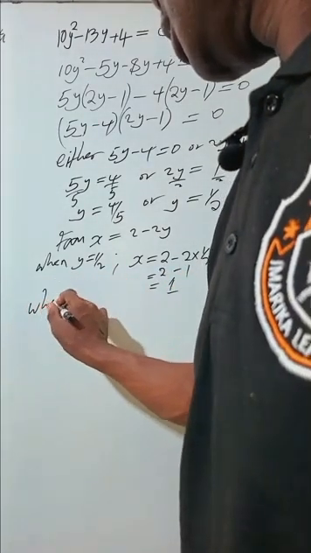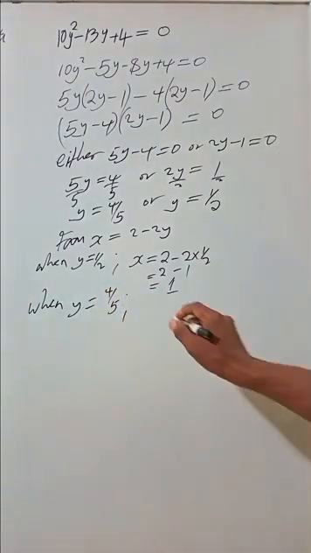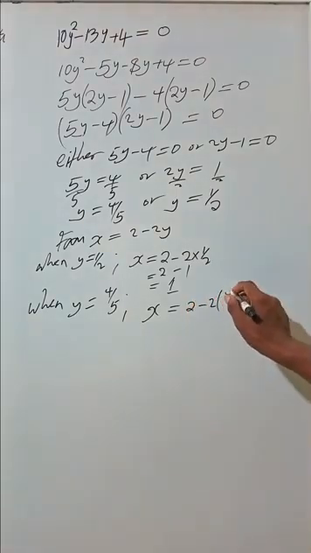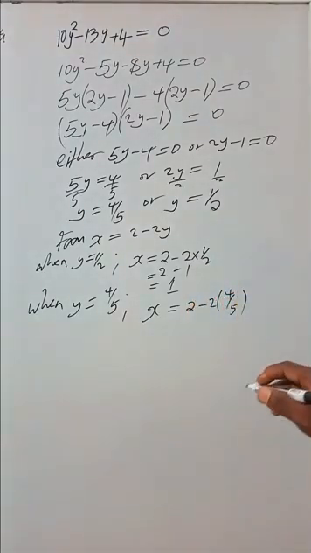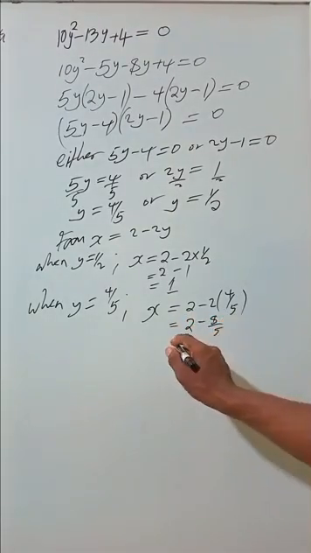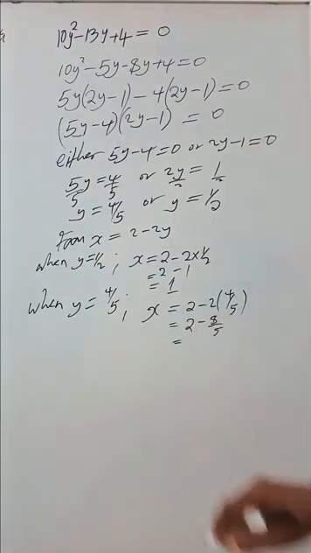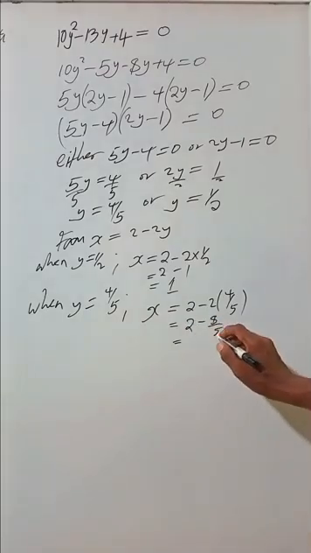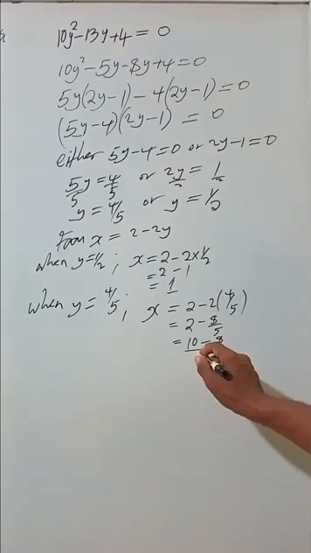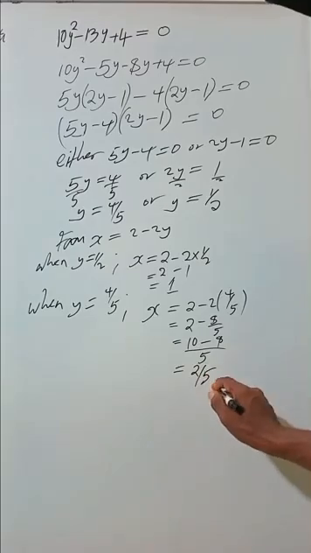And when we take y to be equal to 4 over 5, we shall have x equal to 2 minus 2 times 4 over 5, which gives us 2 minus 8 over 5. We can take 2 times 5, this is 10, then we subtract 8, using the single denominator 5. This gives us 2 over 5.